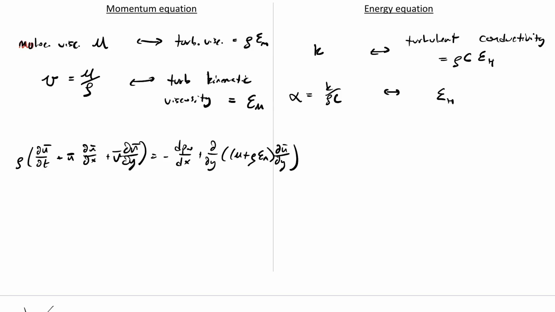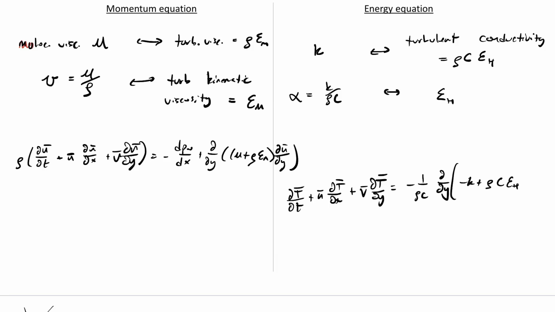On the energy side, it's going to be similar: dT bar dt plus u bar dT bar dx plus v bar dT bar dy is equal to minus 1 over rho c times d dy of minus k plus rho c epsilon h, and all of that is multiplied by dT bar dy.